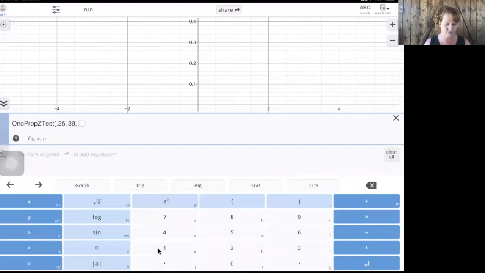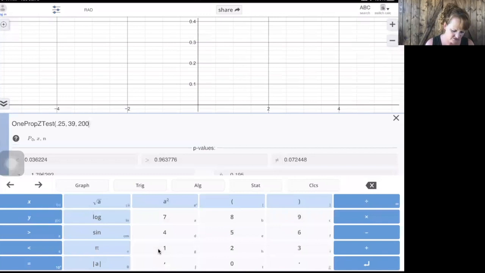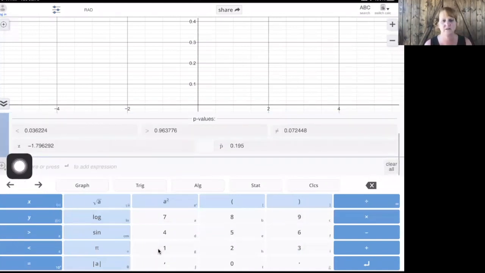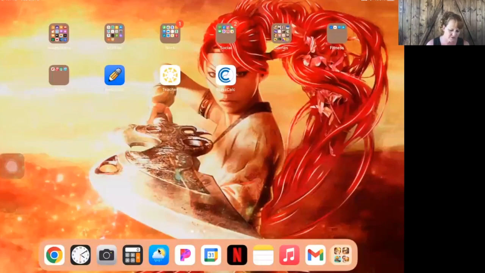So that's what we talked about with the TI people. Same thing. It's going to be your N times your P hat, 39, and then your sample size is 200. And then you get to pick your value. We are less than, so we're this guy. P is 0.036, and here's your Z critical, or your standardized test statistic.